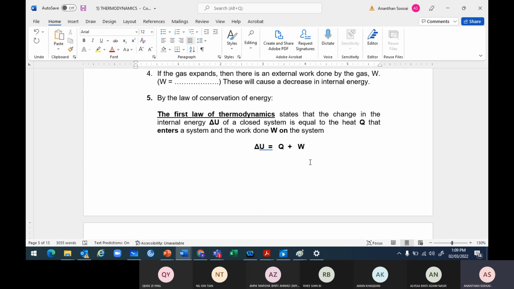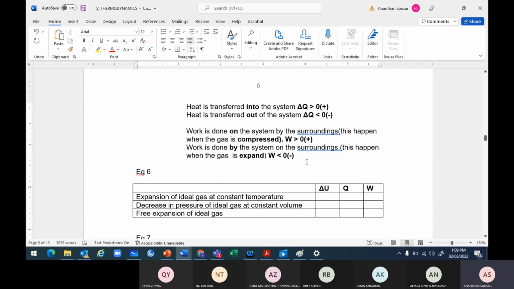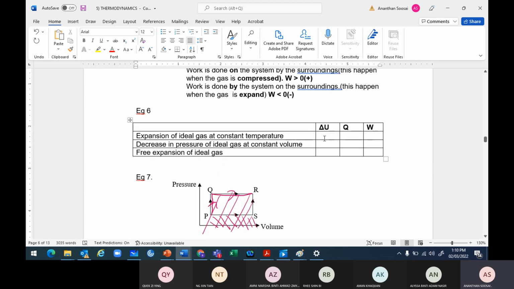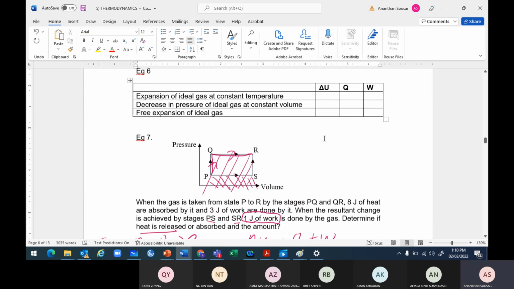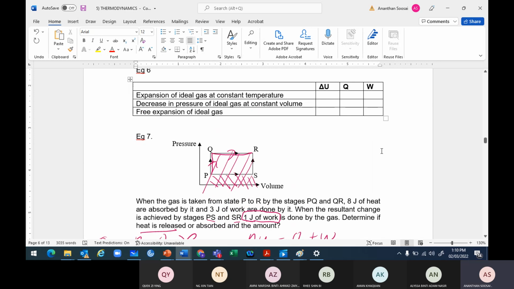Then we talked about the plus, minus, 0 fill-up, based on the first law of thermodynamics. Work becomes 0 when the change in volume is 0: no change in volume, no work done.